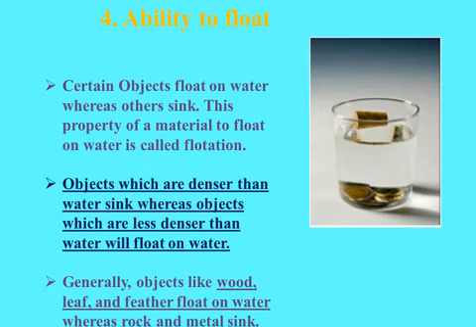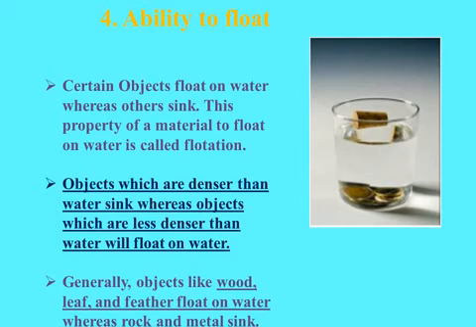So there is a classification based on buoyancy, that is, materials can be classified based on sinking or floating in water. Certain objects float on water whereas others sink, and this property of the material to float on water is called flotation.